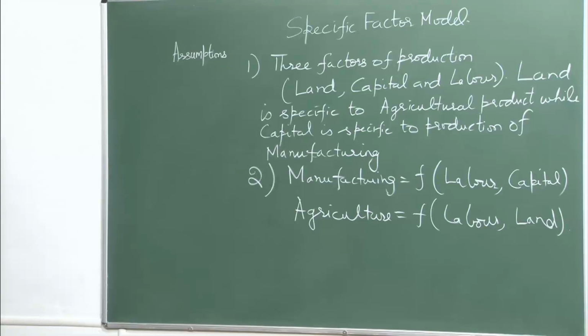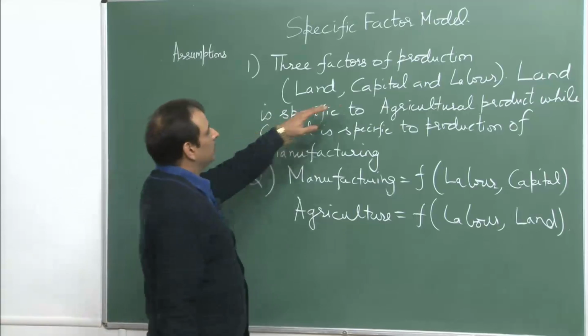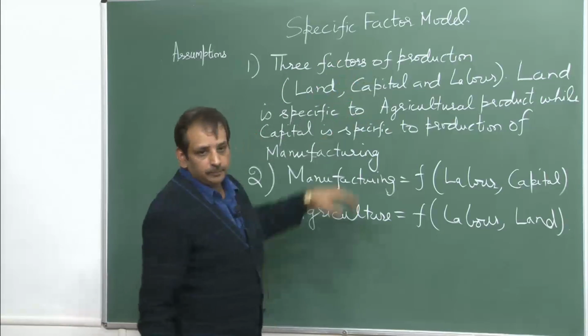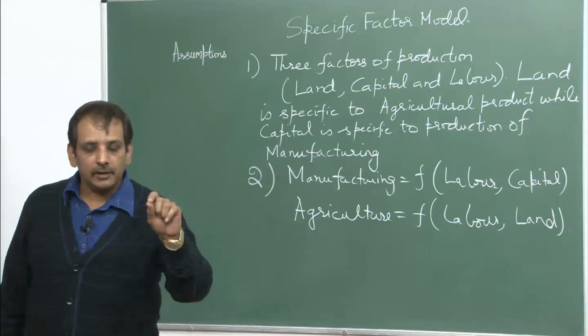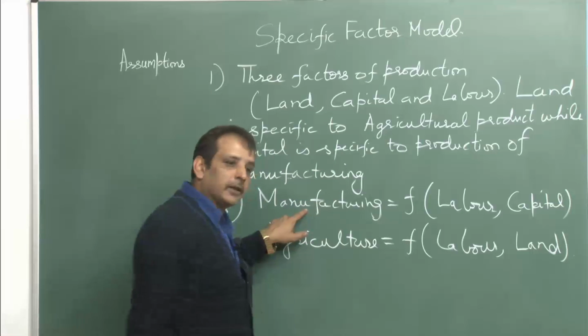So here, unlike the Ricardian model, there are three factors of production. One is labor, the second is land, and the third is capital. Now this capital is specific to the production of manufacturing.